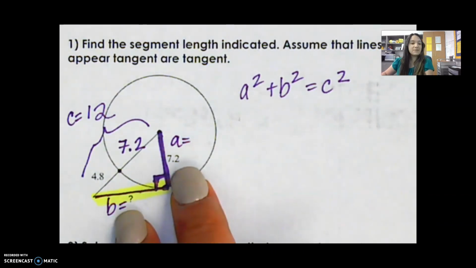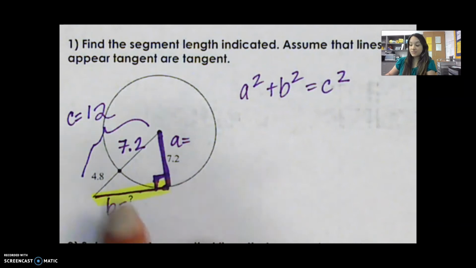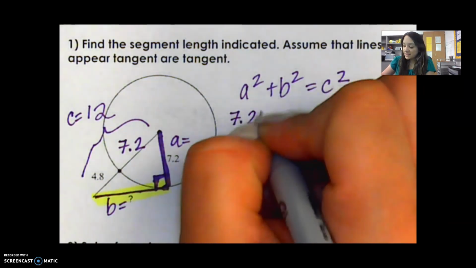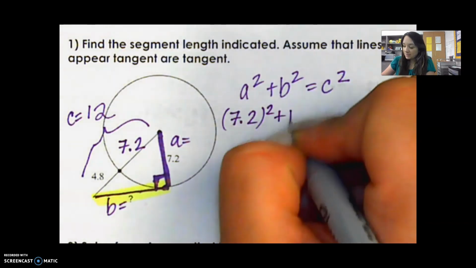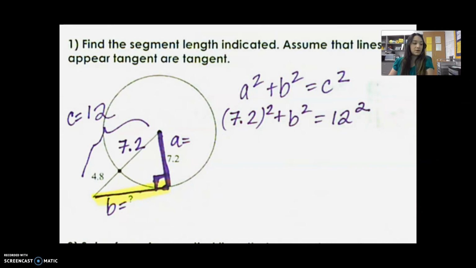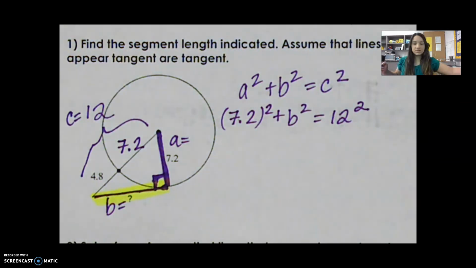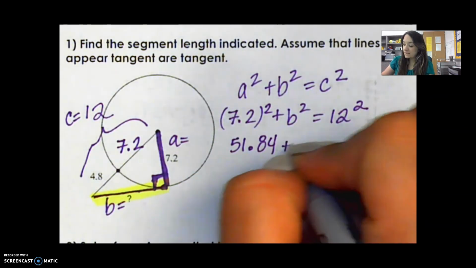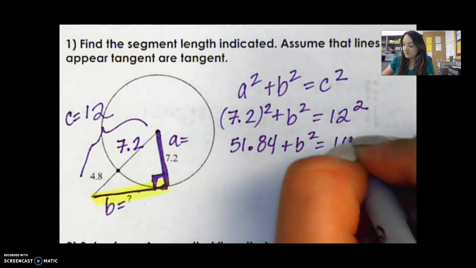Doesn't matter about the a and b because those are the legs. Just make sure the c is in the right spot. So let's plug this stuff in. I get 7.2 squared plus b squared equals 12 squared. Once I figure that out, I get 51.84 plus b squared equals 144.